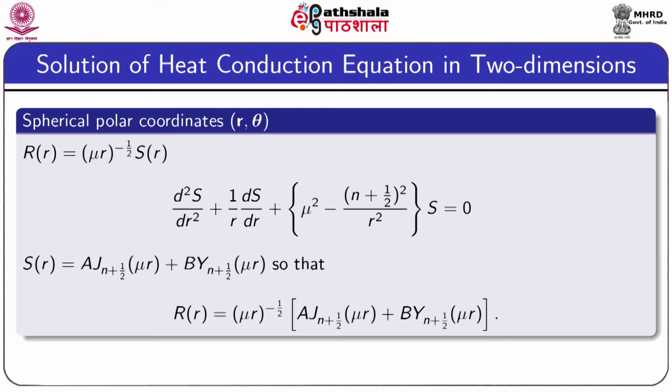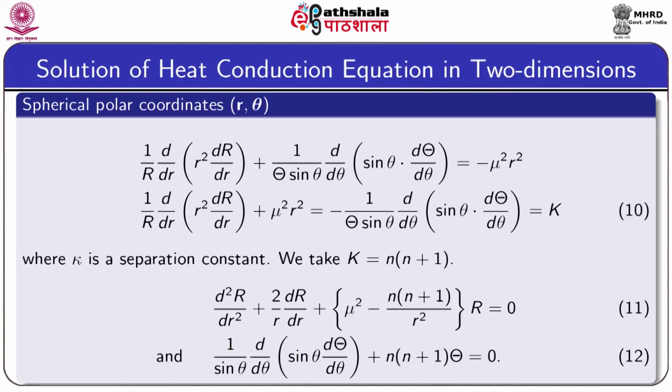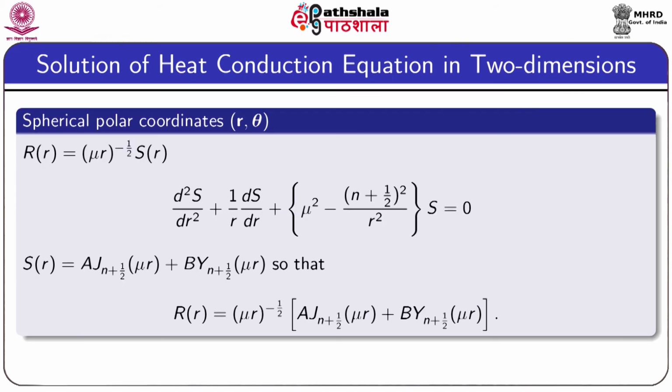If we observe the R equation, it is not in standard form, so we give the transformation from capital R to capital S to obtain an equation in capital S, which is a very well known equation.